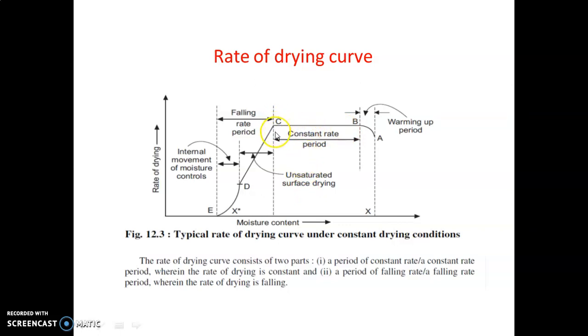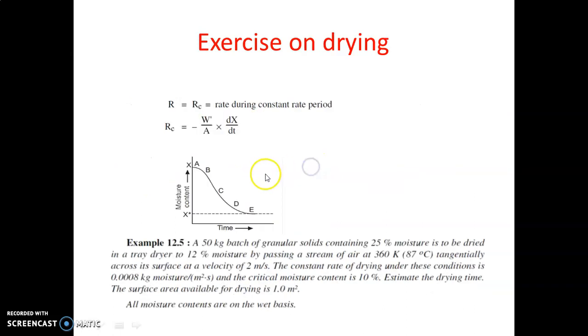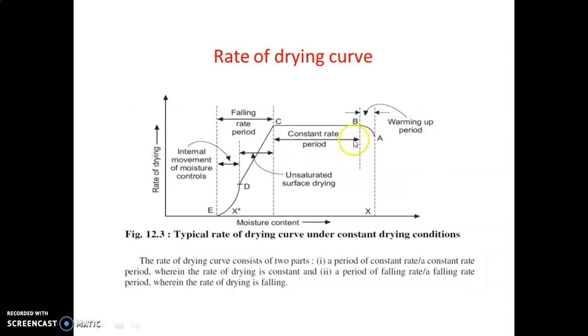How do you define critical moisture content? When the constant rate period ends and the falling rate period starts, that moisture content is called the critical moisture content. Note that we are developing the equation for when X1 and X2 are greater than Xc, so the values lie from here to here.